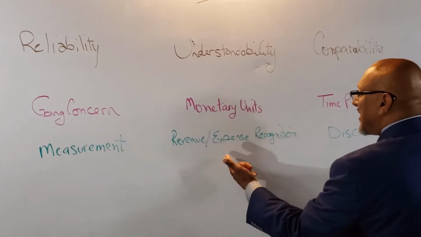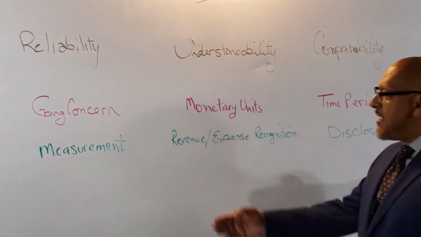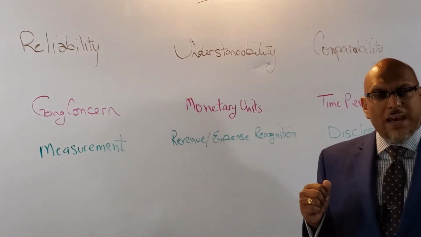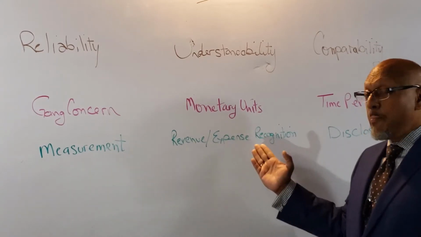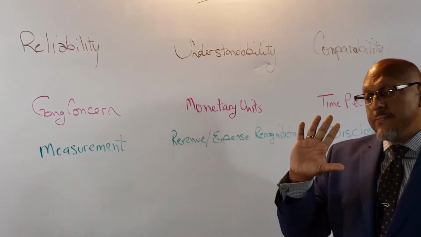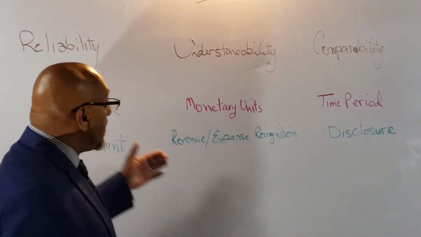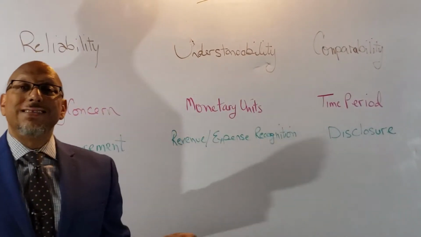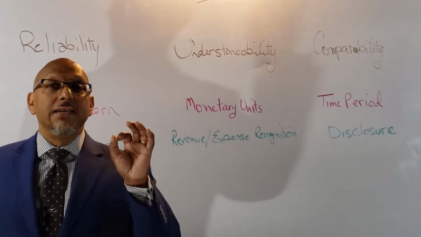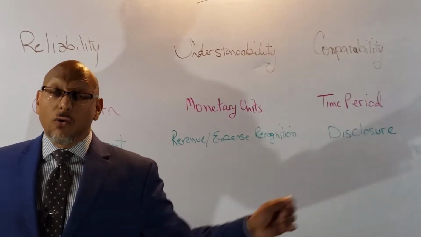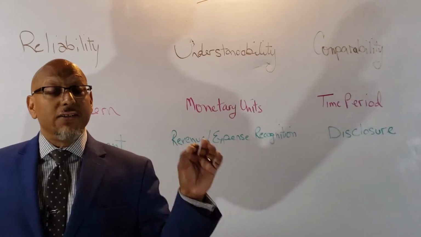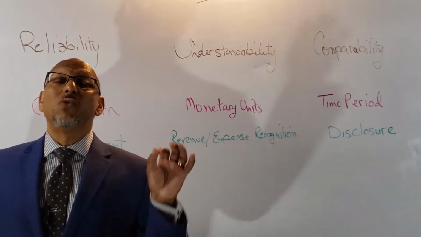The revenue/expense recognition. I lump these into the same category. The book actually separates them out because it's a timing issue. Revenue is only recognized at the point that either the goods are sold, or product is sold, or service is rendered.